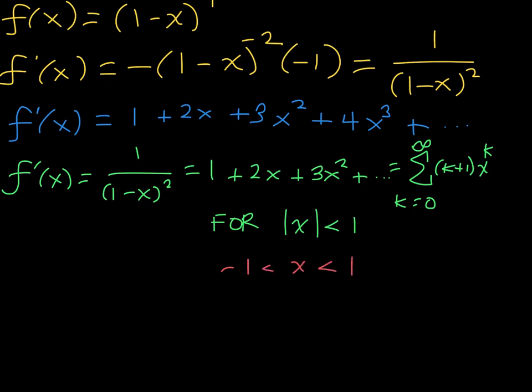So the endpoints of your interval of convergence are -1 and 1. If we plug -1 into this power series to check the convergence at the endpoints, you get -1 raised to the kth power, which is going to make this an alternating series. But you know what? The terms are not non-increasing.